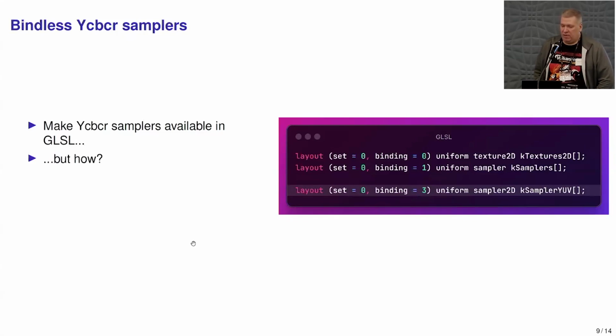Can we do the same thing with combined image samplers for YUV? Declare this K-sampler YUV array as sampler2D for combined image samplers, and just use the same non-uniform index to access this array. Well, you can do that, absolutely, but it will not work.